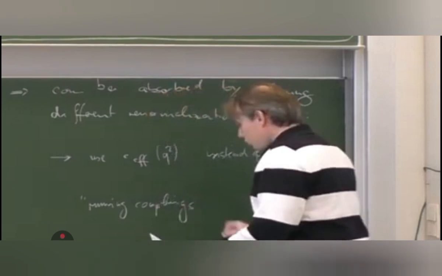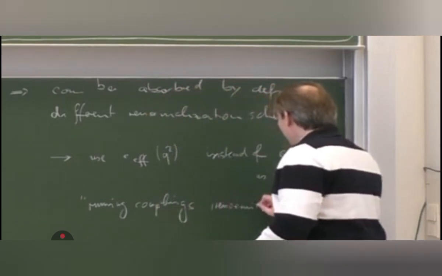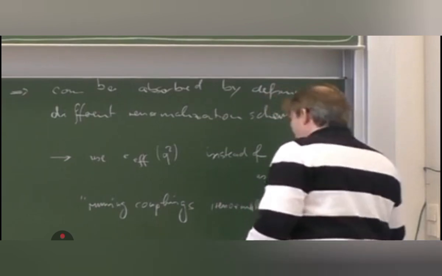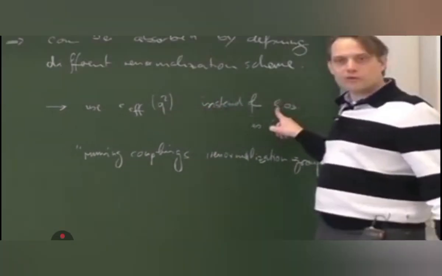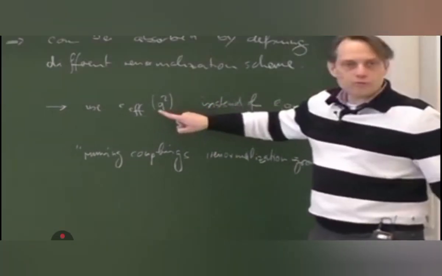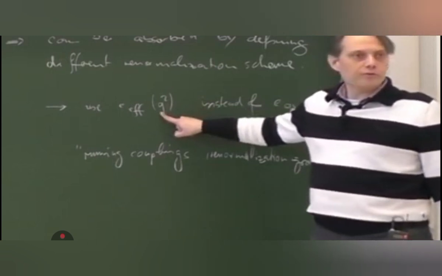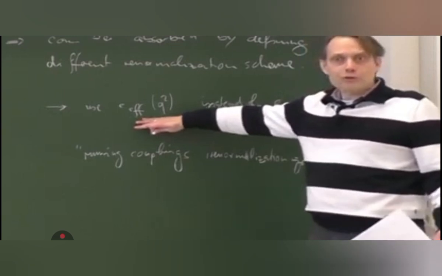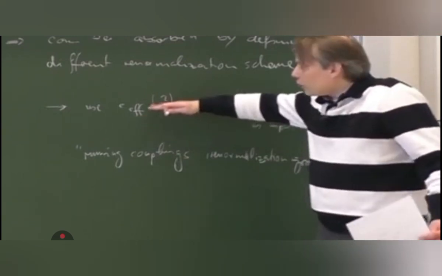In general, running couplings are governed by the renormalization group. Because the difference between such a scheme and the on-shell scheme is that this is now a family of schemes, because for each value of Q square you have a different renormalization scheme. So in some sense this is an infinite set of different renormalization schemes depending on Q square.